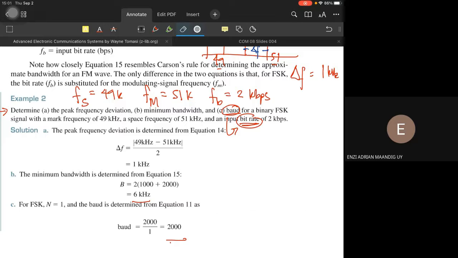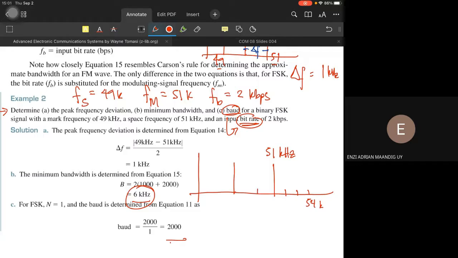Wait. 51 kilohertz. Okay, and the bandwidth is 6K. So counting 6 kilohertz from 51: 1, 2, 3, 54.